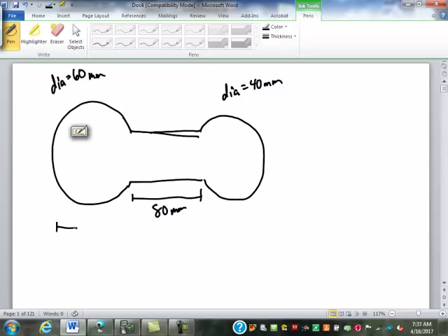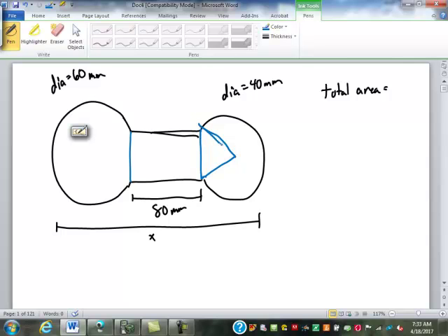So we're asked to find x in total area. Oh, it's just for this one. So we're going to chop off our rectangle here, make our triangles out.